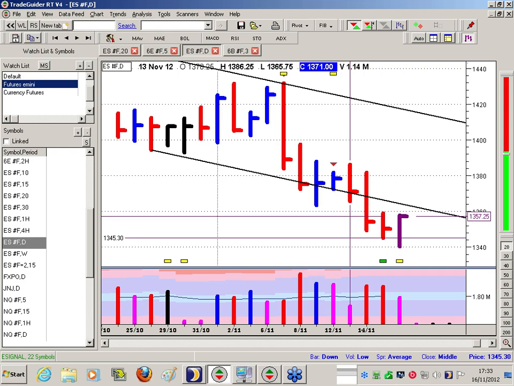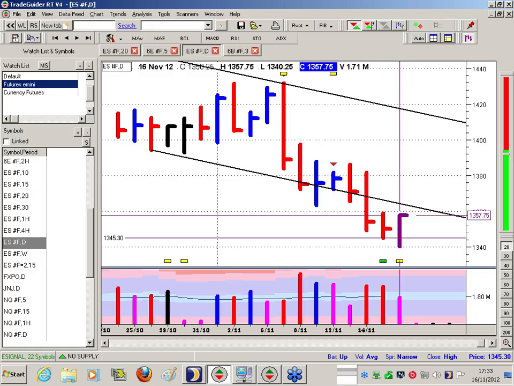Not a rally, but an up move. And of course, don't forget, this lower trend line will act as a resistance line. If it's going to move up to the top trend line, there'd be some effort to push up through that lower trend line. So it's worth keeping an eye on that.